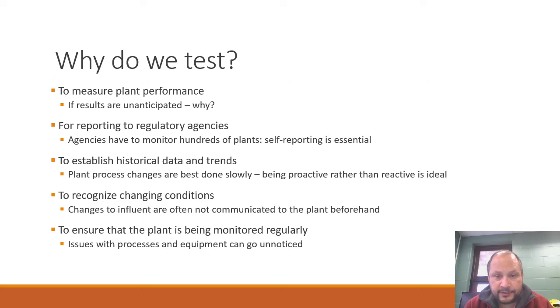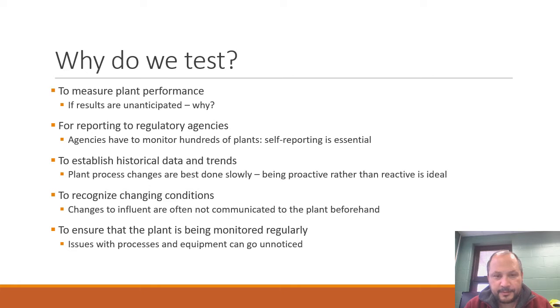And lastly, at least here at my plant, some of the testing we do helps ensure that the plant is being monitored on a regular basis. Of course, it's a big plant with a lot of equipment, a lot of buildings, a lot of tanks, and a relatively small staff.